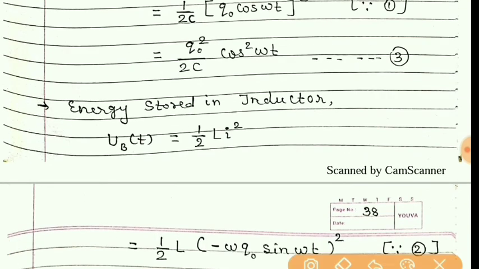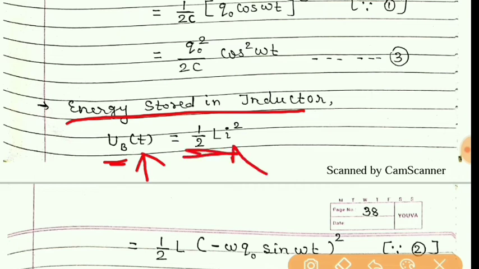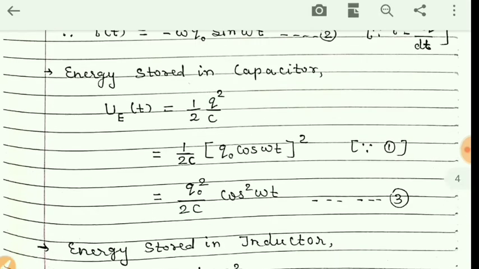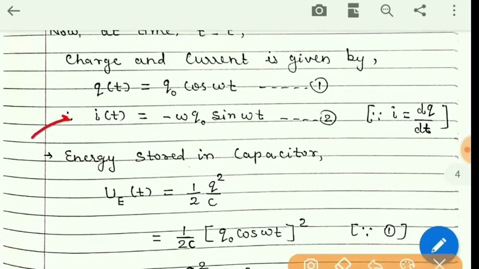Now energy stored in an inductor, UB at this time t, is half of L i square, where i is a current. Which current? This current at time t.